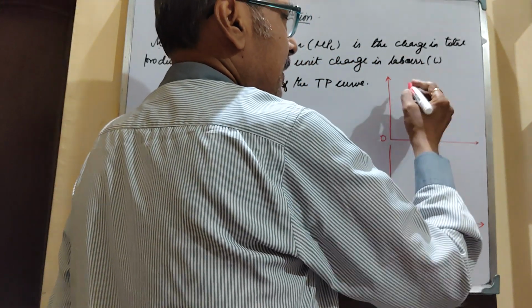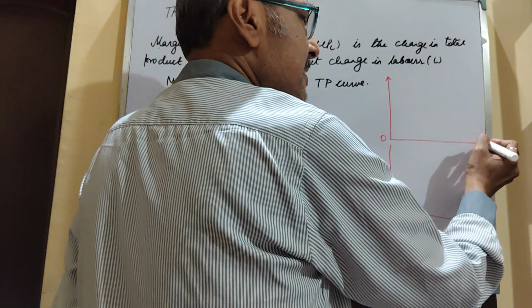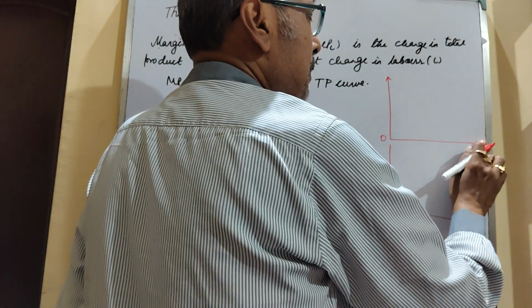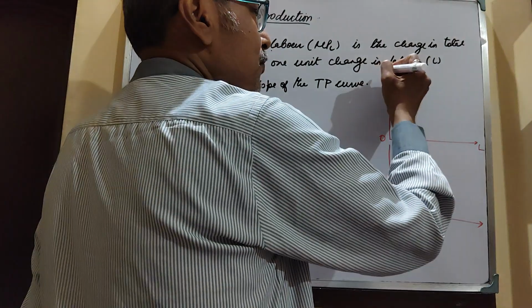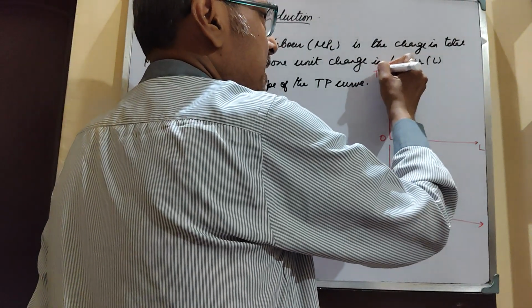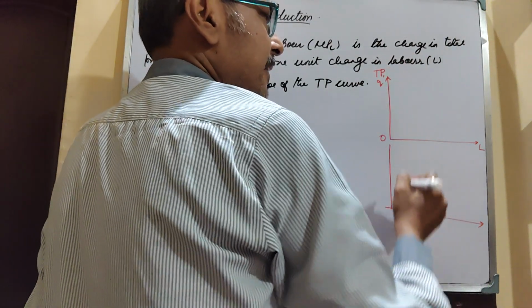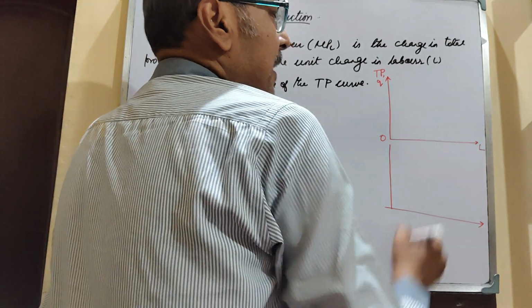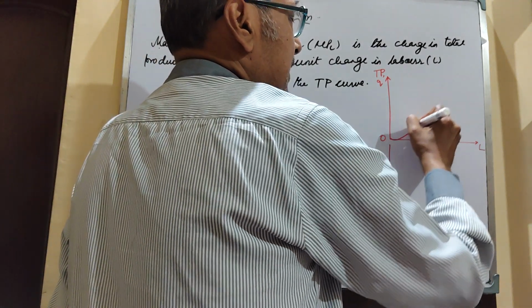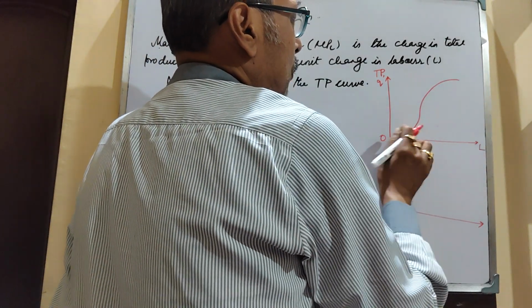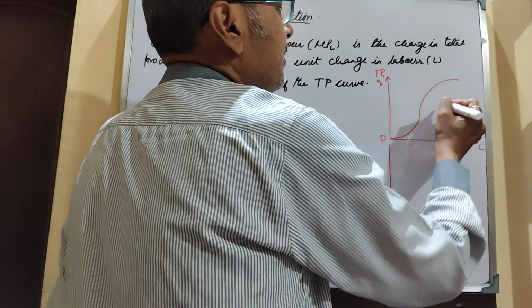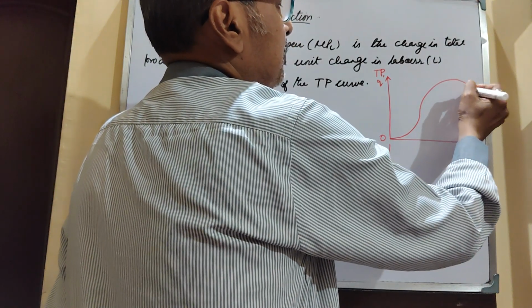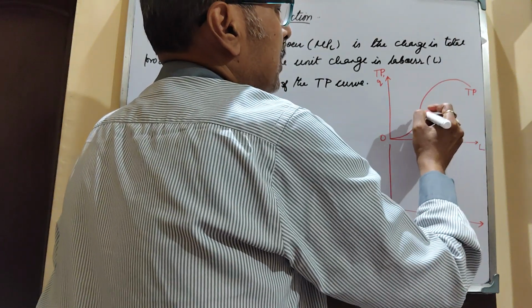On the upper panel, on the horizontal axis, we measure labor L. On the vertical axis, we measure total output TP or Q. The TP curve looks S shaped. It looks like this. This is the TP curve, total product curve.